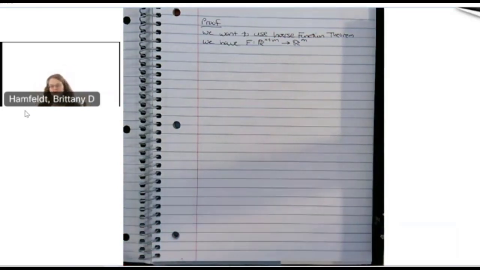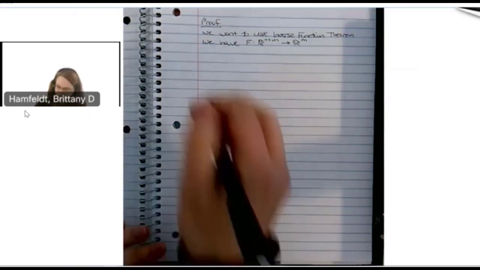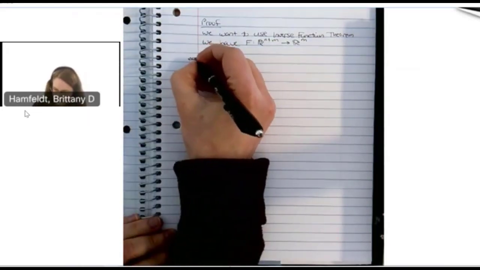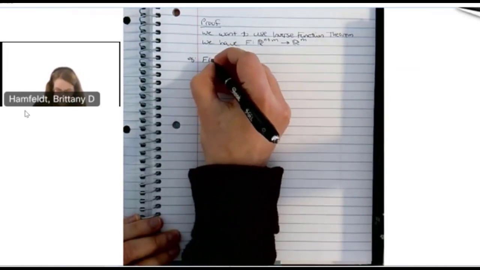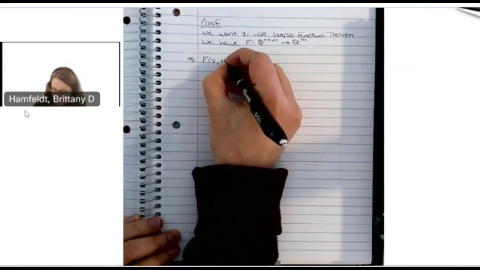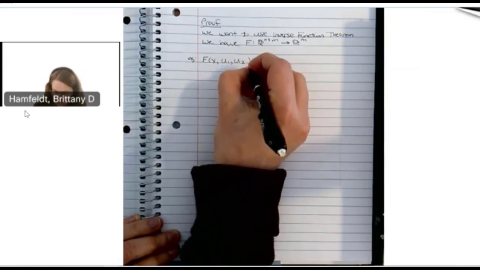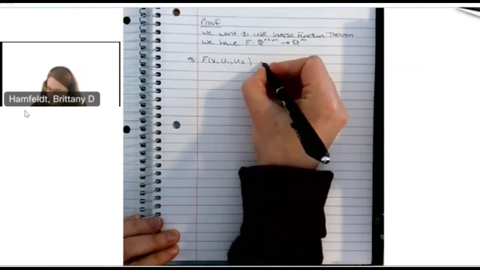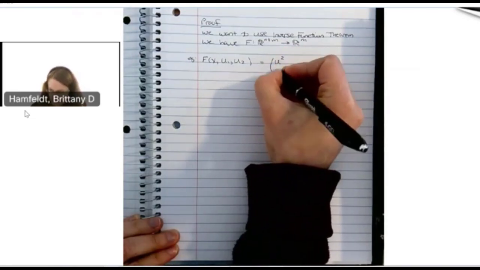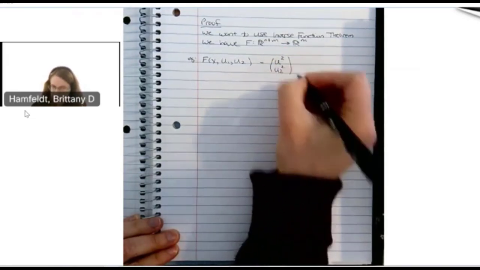So we've got to somehow extend this to have the correct matching between the number of inputs and the number of outputs. To take an example, suppose that I have a function that depends on x, u1 and u2. So 3 inputs, but only 2 outputs.